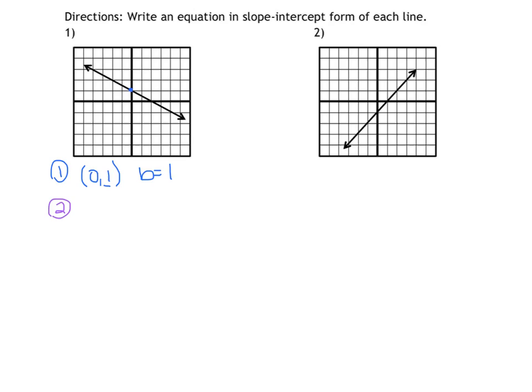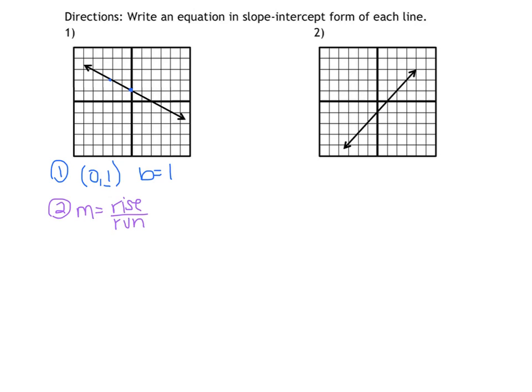Step 2 is to find your slope, your m, using your rise over run method. To find the slope, you want to find the coordinate that's hitting the x and the y at the exact same time. If you notice on this line, this coordinate is not hitting x and y at the exact same time. It's in between. But if you look right here, it's hitting x and y at the exact same time.